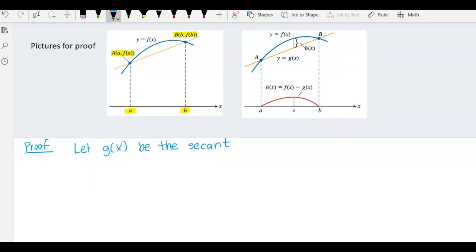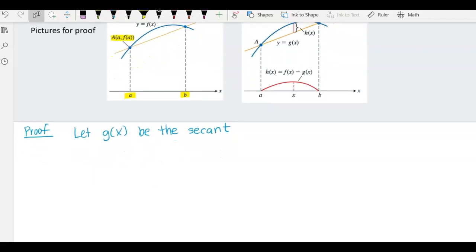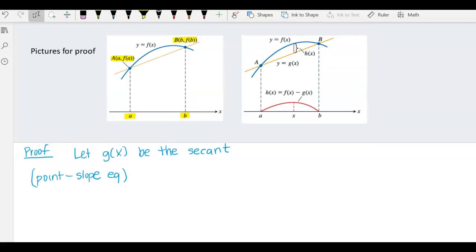Can we get an equation for that? Well, let's see. If we think about the point slope equation, we can get an equation of y minus y1. So I'm going to take g of x minus f of a, the y value of my first point.